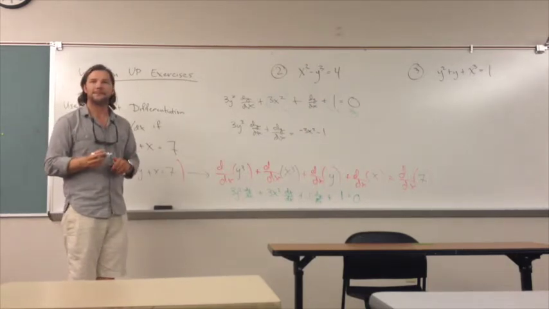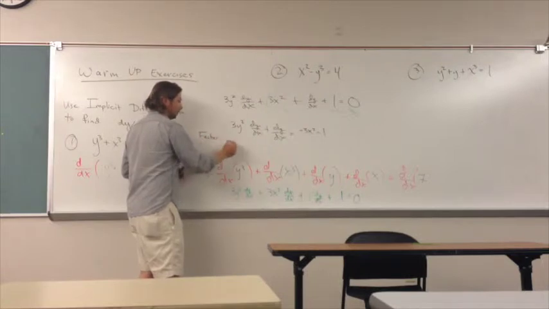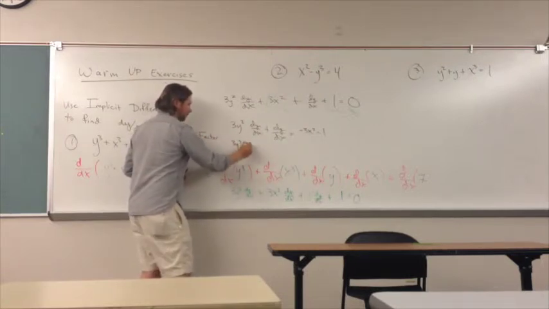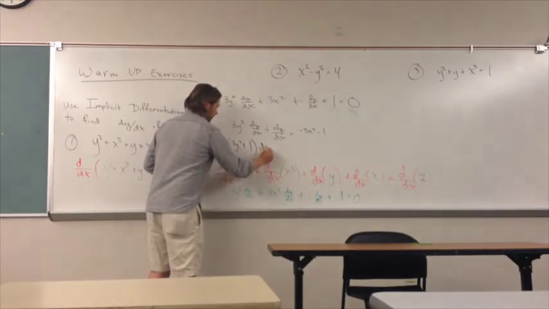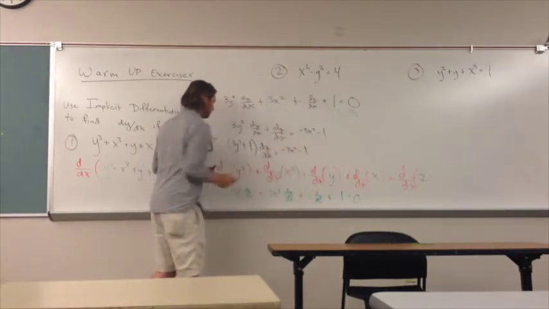And now what? Factor out dy dx. So it becomes 3y squared plus 1 times dy dx equals negative 3x squared minus 1.